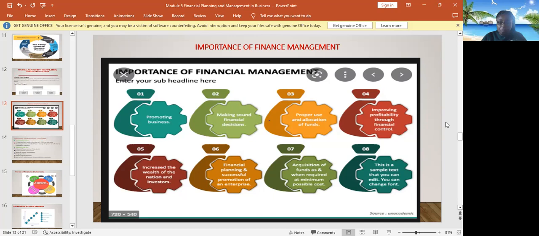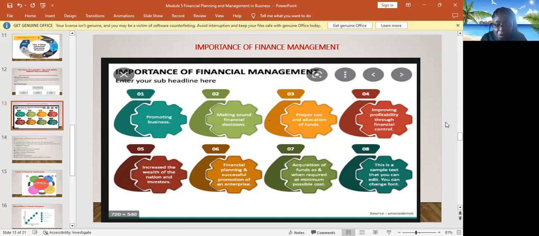A good company with good financial management will increase the wealth of the nation as well as the investors. Because by the time you are good in financial management, you'll be able to make more profits. And that will also help in economic growth of the nation.